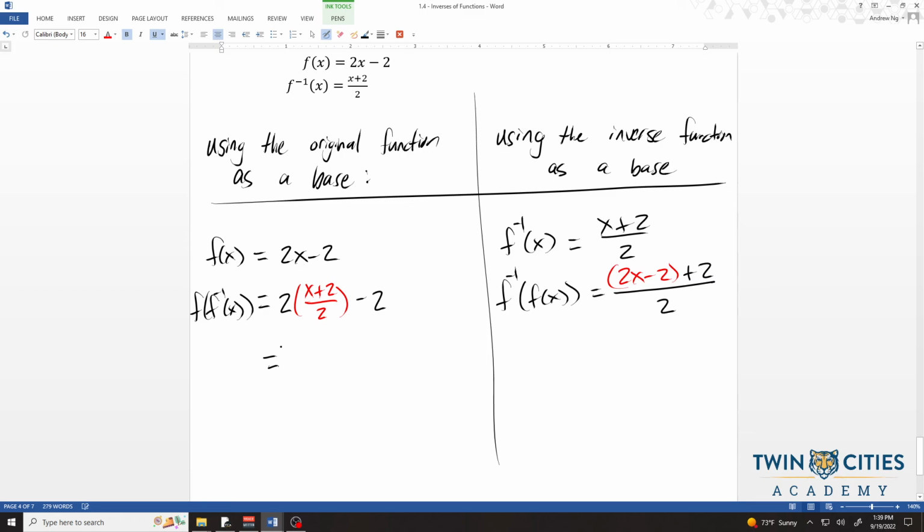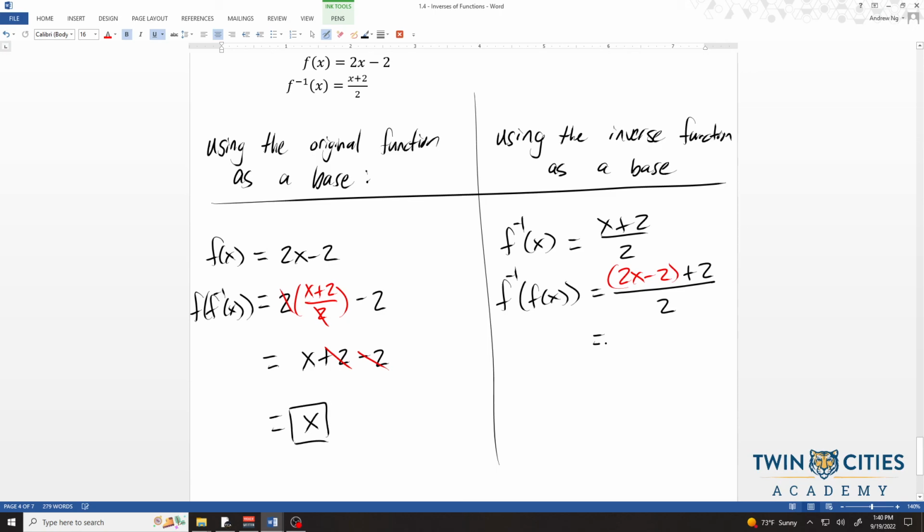On the left side, let's see, this 2 will multiply into this fraction. We're going to multiply it to the numerator, but then we end up dividing by this 2, so these will end up dividing out. You'll get x plus 2 minus 2, which of course, 2 minus 2, that's going to go to 0. That's going to subtract out, leaving just x.